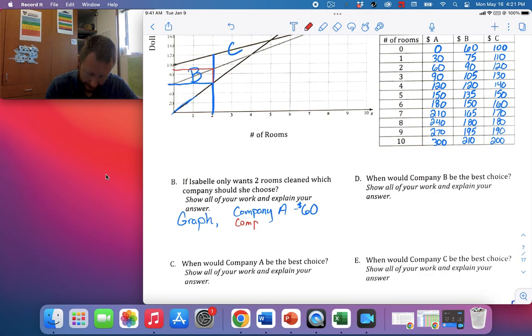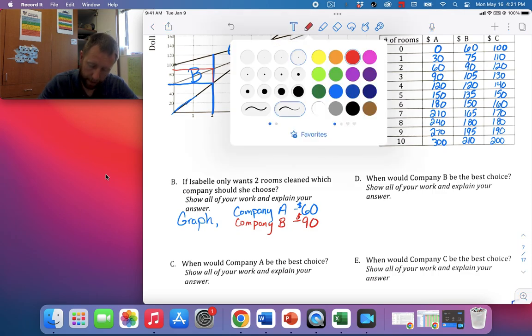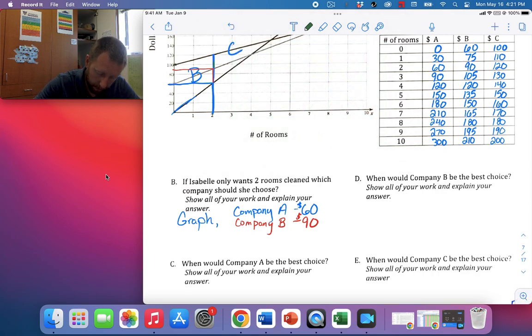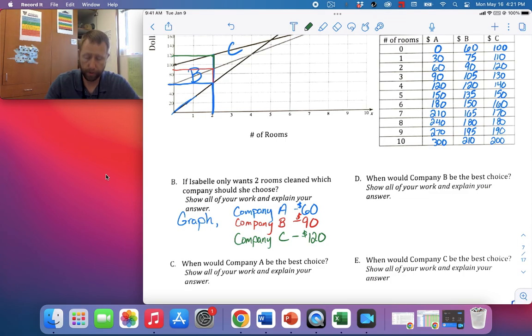That's company B. And then if I keep traveling up, boom, it hits company C right there at 120. Company C is 120. So, which company should she choose?